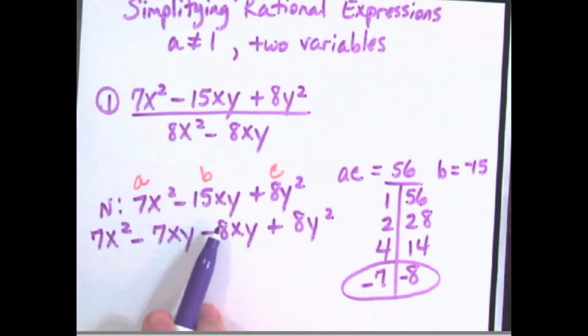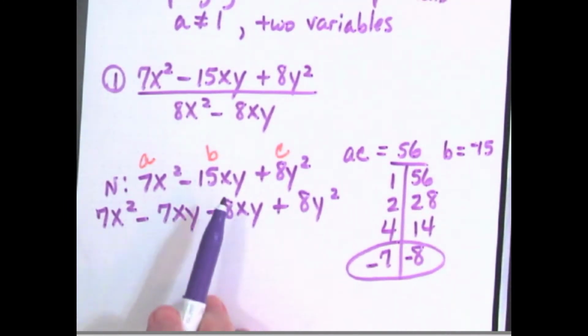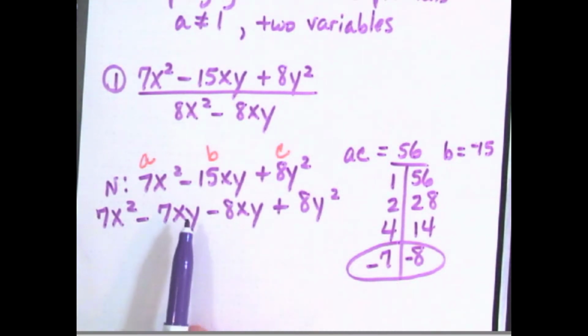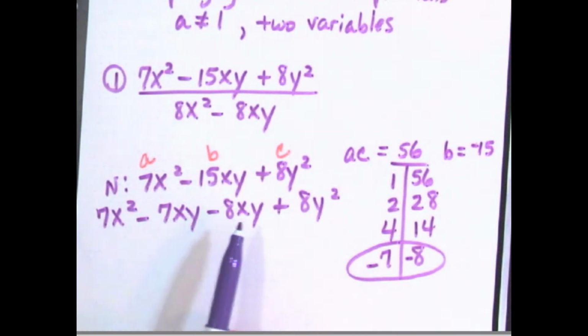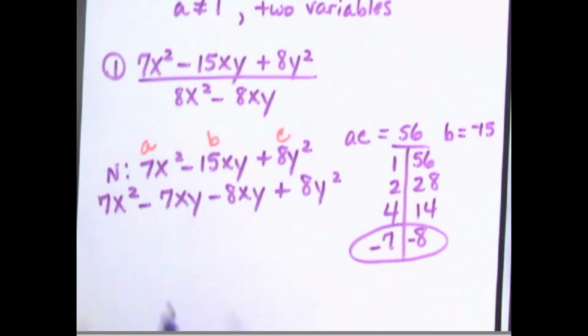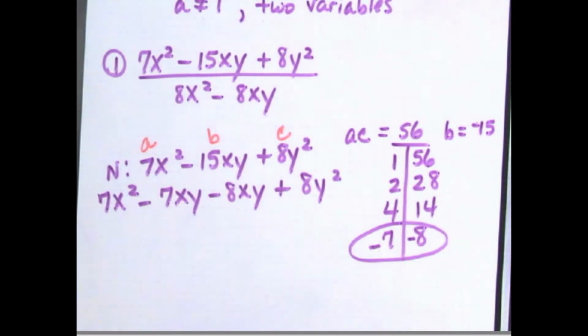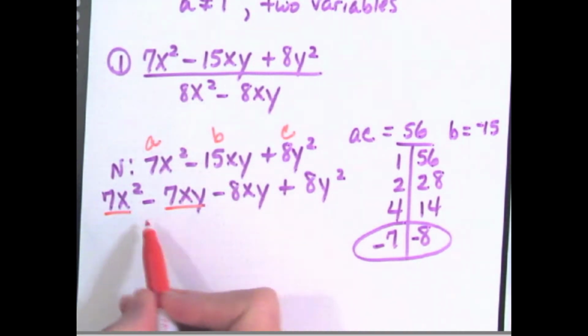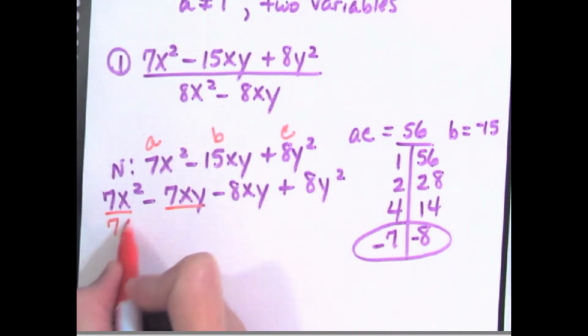Okay. And you'll notice our middle term was negative 15xy, so your two replacement terms are going to need to have xy as their variables. Now we will take out a common factor out of the first two terms, and that would be 7x.